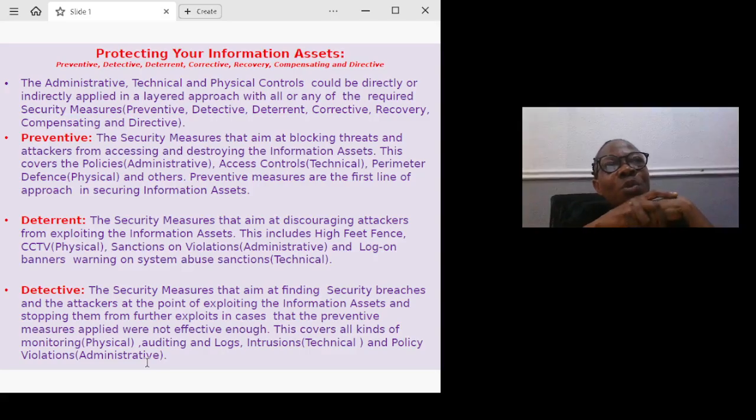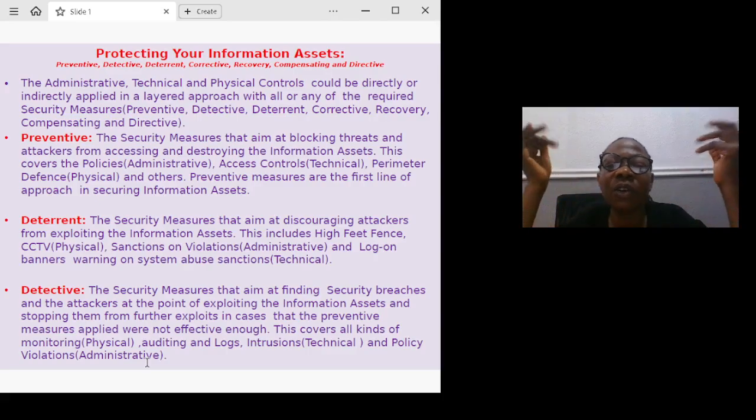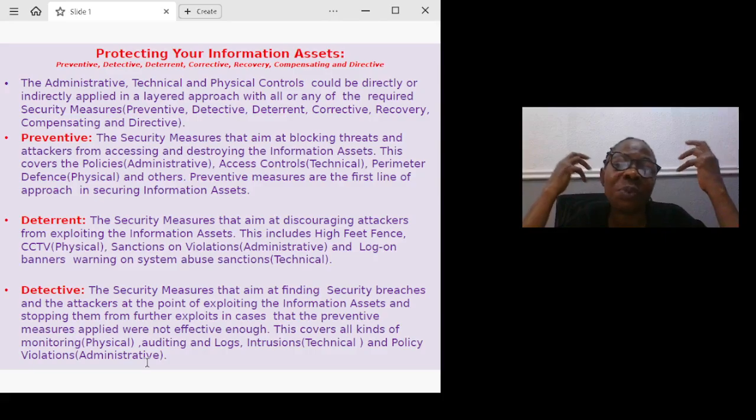Your aim is to mitigate threats, or to prevent threats, or to reduce threats, as in to reduce the vulnerabilities. They aim at blocking threats and attackers, preventing them from accessing and destroying your information assets.